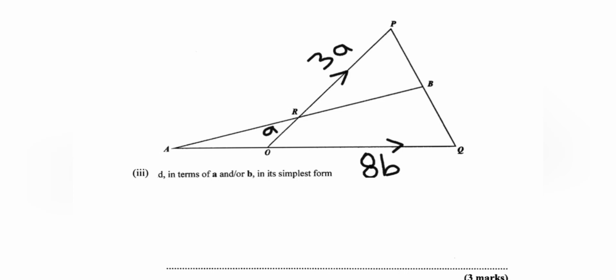Part III is asking us to find the vector RB.